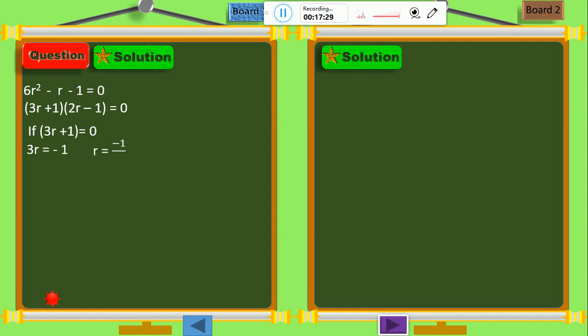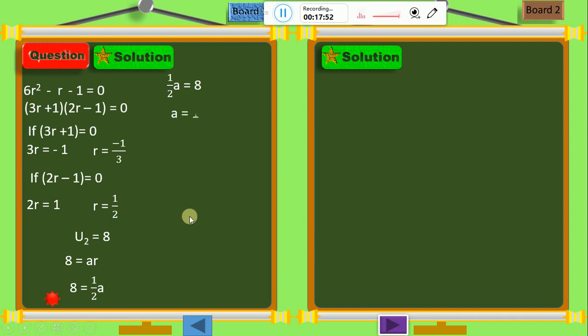Then r is equal to minus 1 over 3. Then if 2r minus 1 is equal to 0, 2r is equal to 1, r is equal to half. Using those two answers, we have the common ratio. Then U2 is equal to 8, 8 is equal to ar, making substitution. Then we are going to get that a is equal to 16.